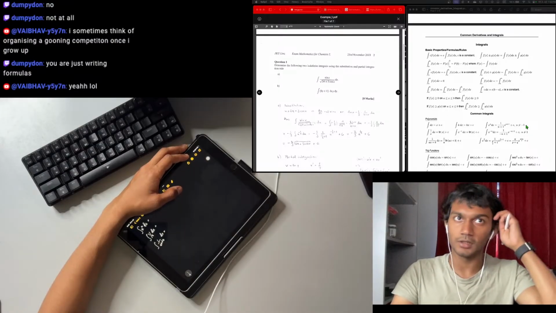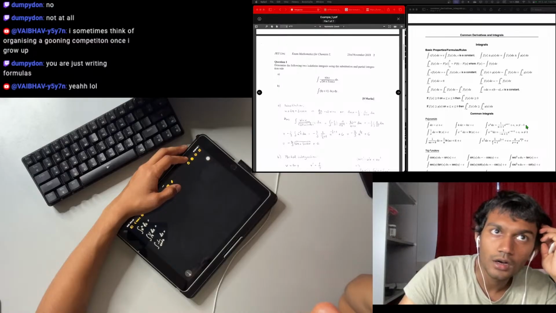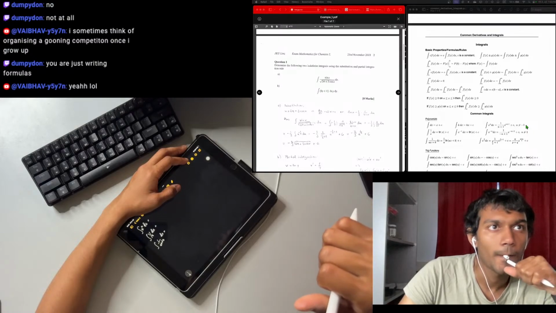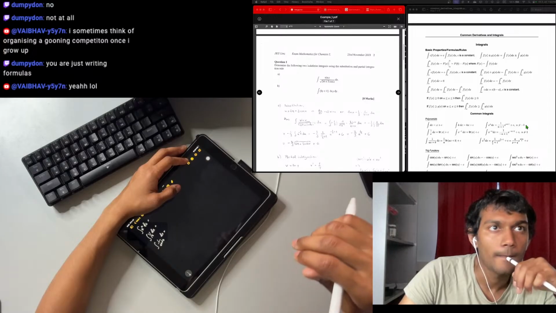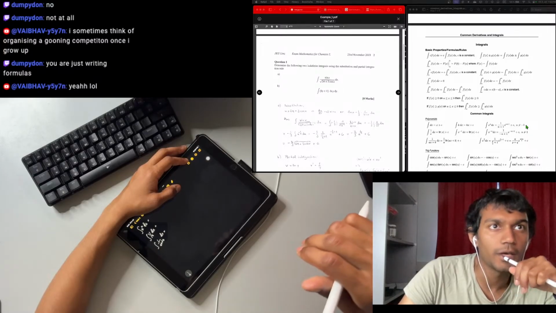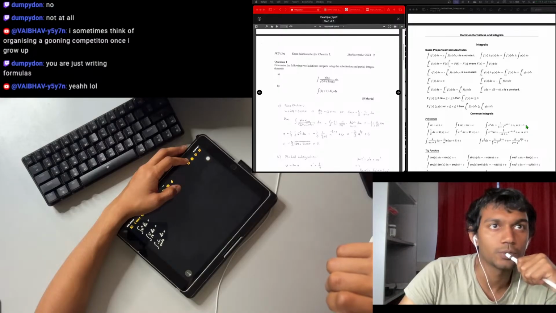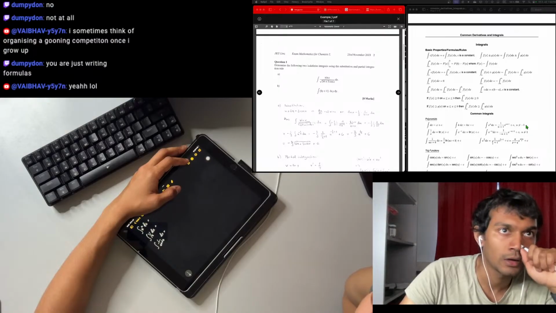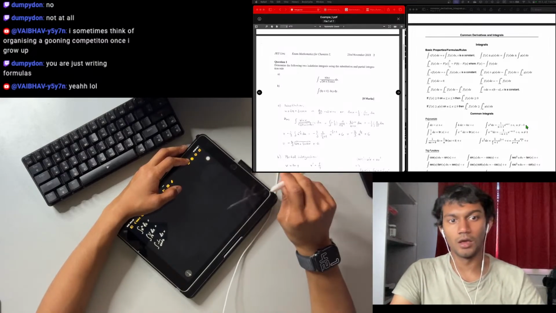Yo, what the fuck is the last one? X raised to some value by Q dx. P by Q. 1 by P by Q plus 1. But what if they're constant? It doesn't matter. Okay. That's just the normal n value, right? Right? Yeah.